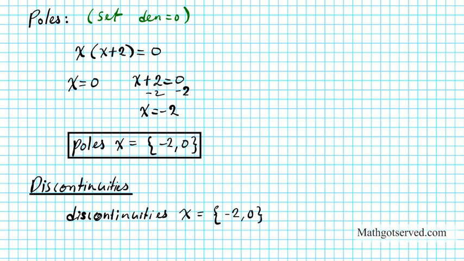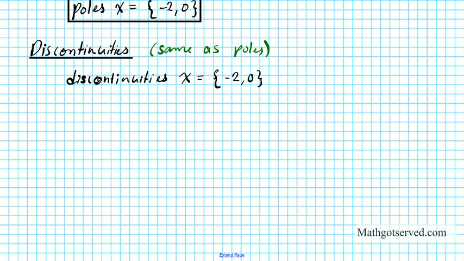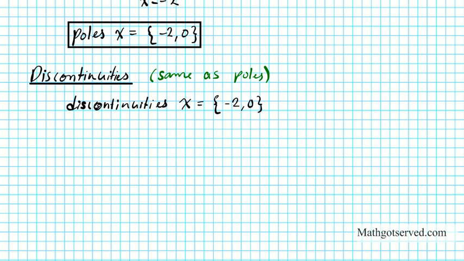Why? Because it's basically the same as poles. Another word for discontinuities is the poles. Now that we have our discontinuities, we have to further classify them into removable and infinite. So let's rewrite the original problem.